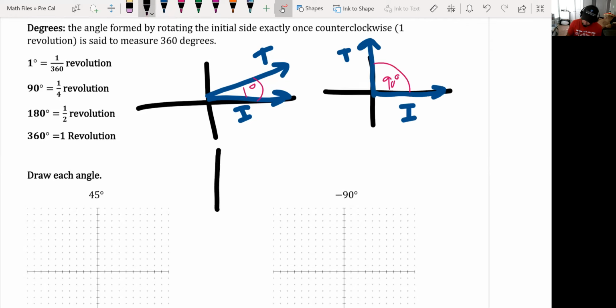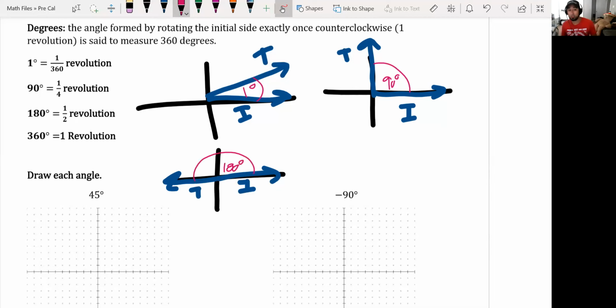And then 180. There's initial, and there would be terminal, because we rotate half, right? 180 degrees, half a revolution.